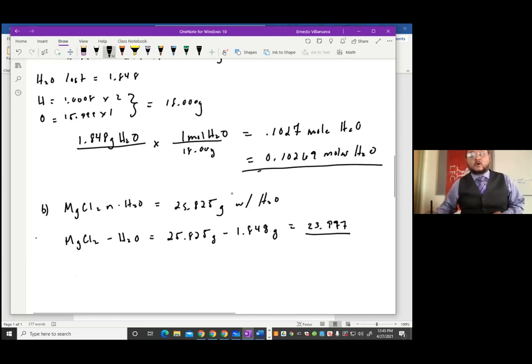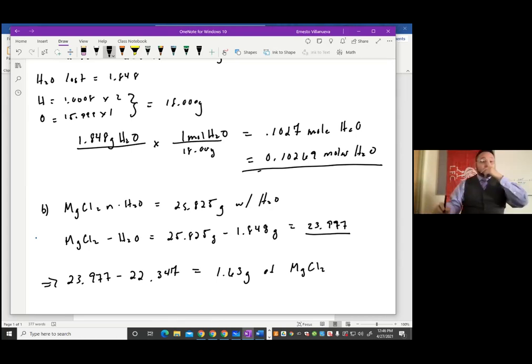So I'm going to take the total mass, 23.977, minus the mass of the container, which is 22.347. So I have a total mass for MgCl2 of 1.63 grams of magnesium chloride, right?